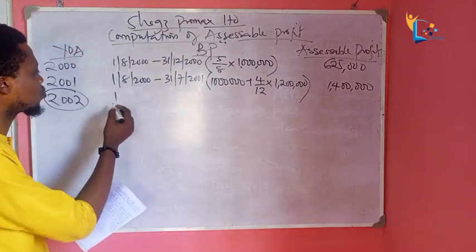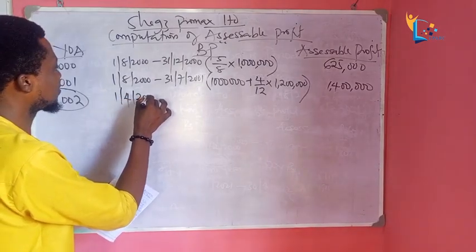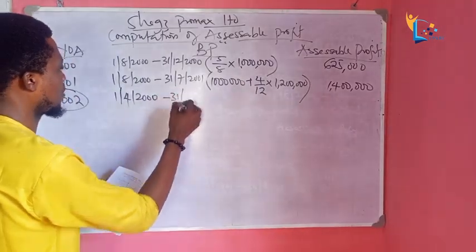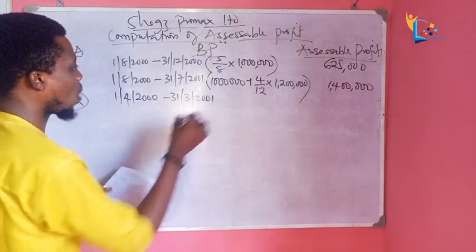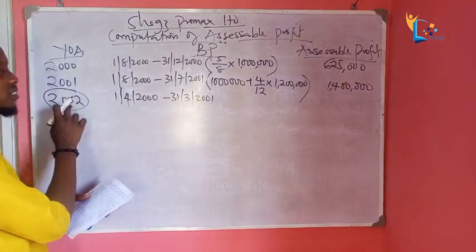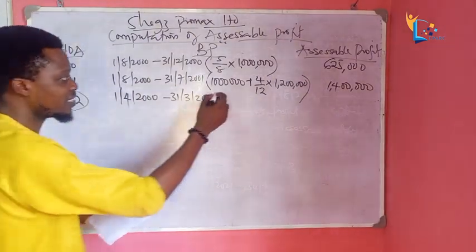So our preceding year basis will be 1st of April 2000 to 31st March 2001. This is the preceding year basis period for the 2002 year of assessment.